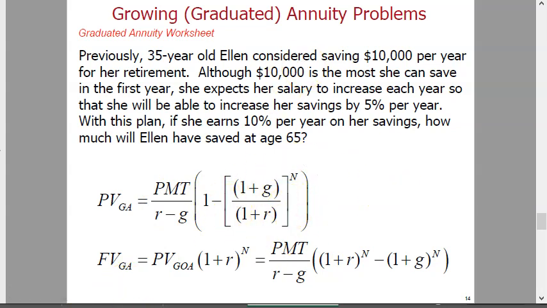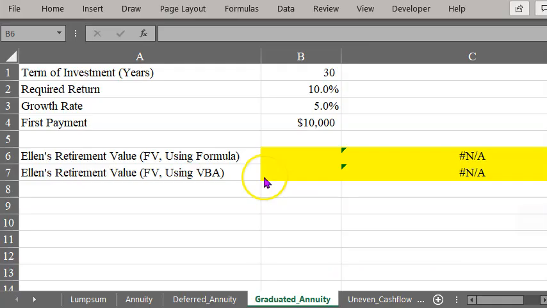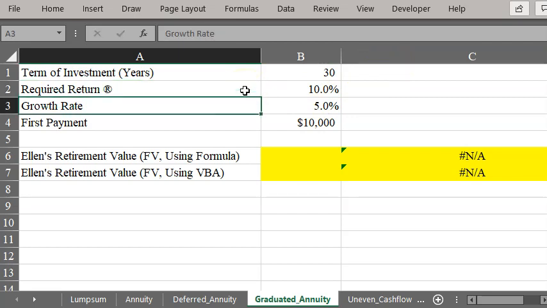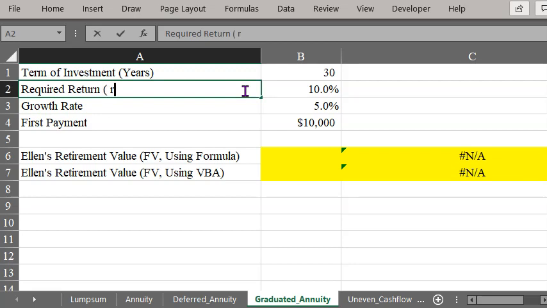So now let's open the template. This is the graduated annuity formula. Here, this is R, the rate of return.